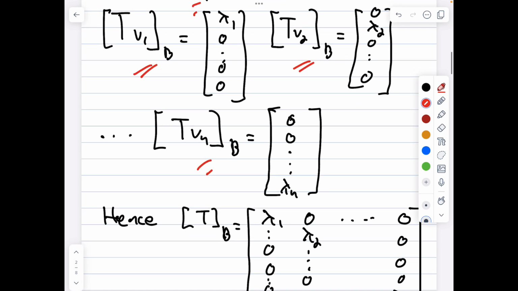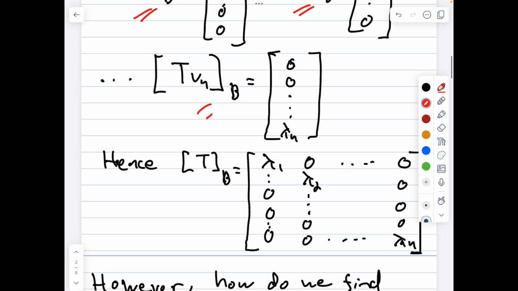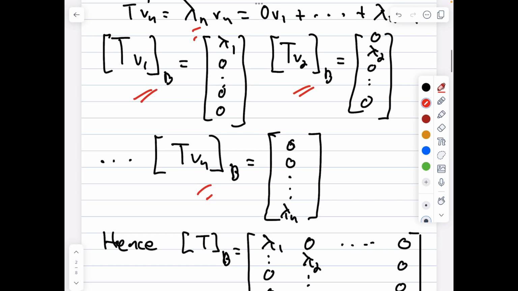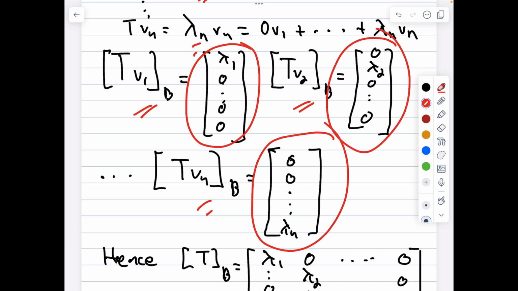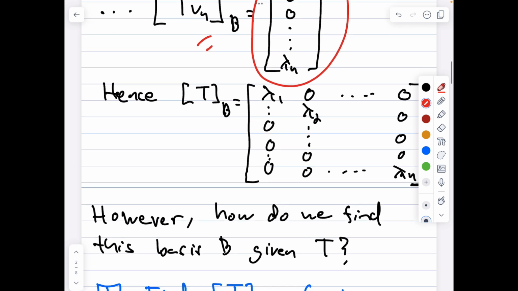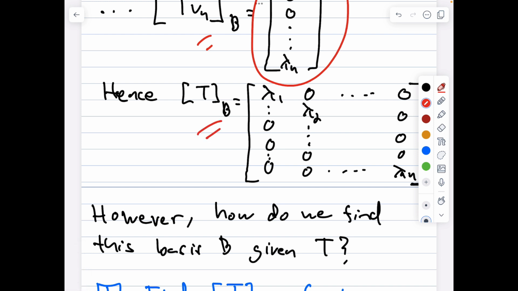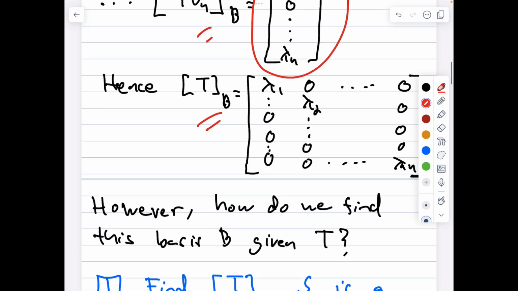Those columns make up the matrix that you're looking for. If you take each of your coordinate vectors and put them together, you get this matrix for T_B, and that is in fact diagonal. So if you pick the basis consisting of the eigenvectors, that will work out.